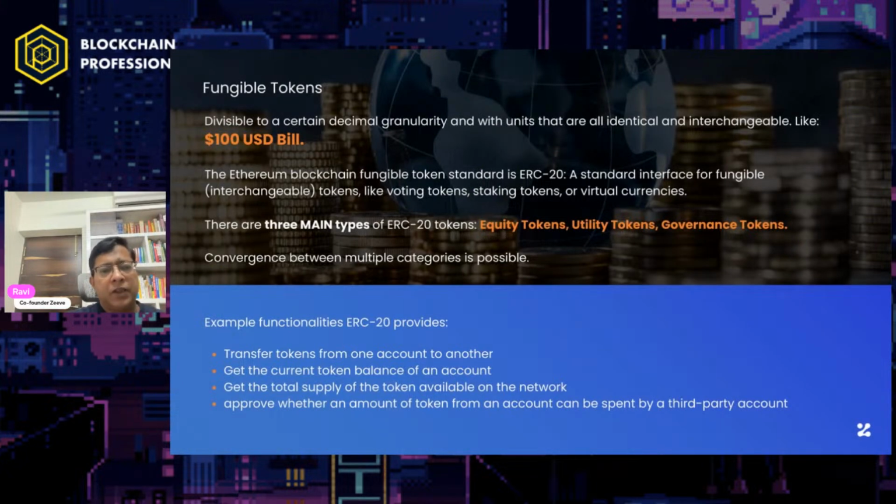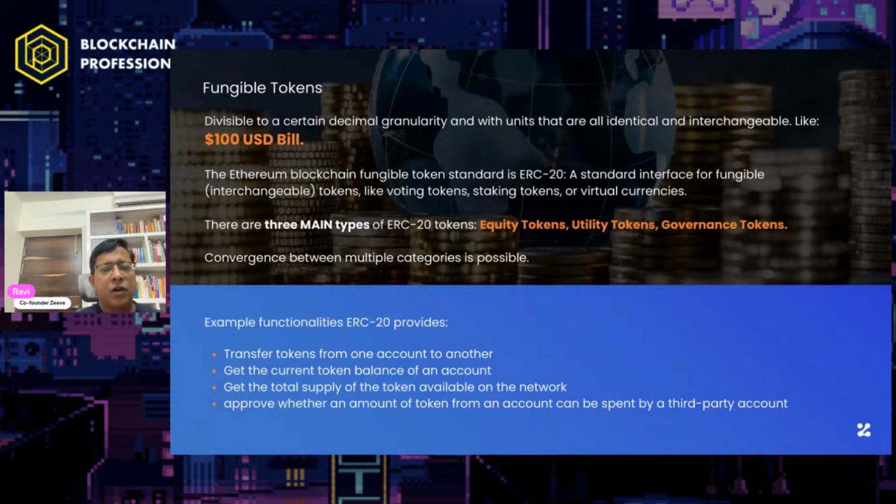The second piece is tokens, like the different token standards. So there are primarily two types of tokens: fungible and non-fungible tokens, and we'll briefly talk about semi-fungible tokens also. So fungible tokens are backed by assets. Like we have a definition of fungible assets and non-fungible assets. Fungible assets are assets that are exchangeable with each other.